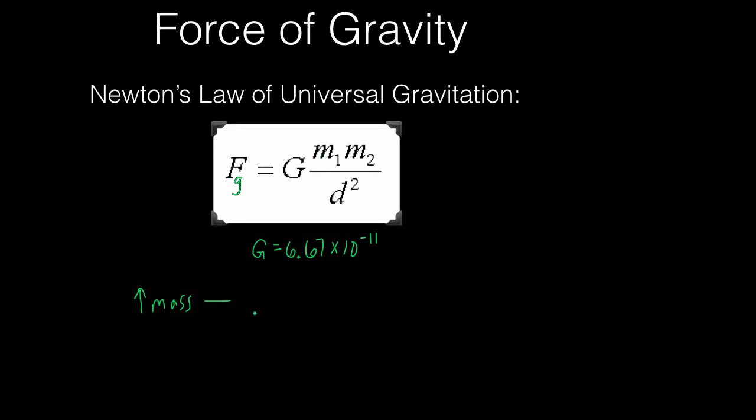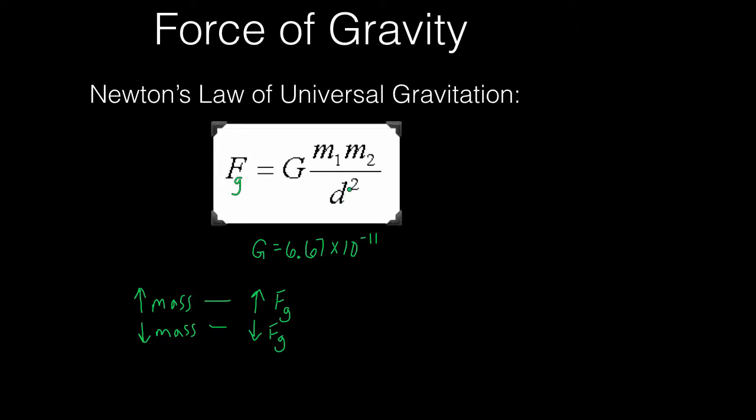And so if mass gets bigger, so does the force of gravity. Well, what if mass gets smaller? So what if this number right here decreases? Well, if mass decreases, the force of gravity will decrease. And so you'll see a smaller force of gravity for smaller objects.